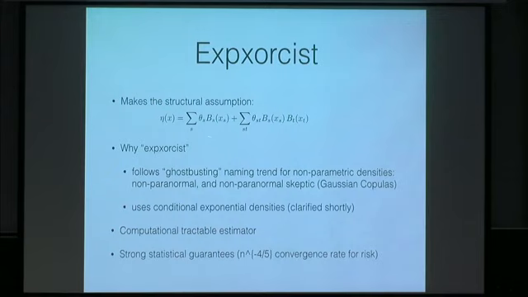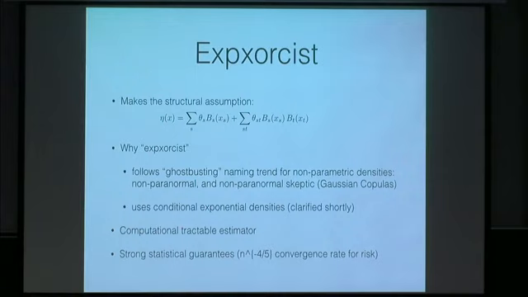So why Expxorcist? It's an homage to the anti-paranormal non-parametric methods like non-paranormal skeptic. So we thought, what's the next thing that can come up? Expxorcist. But we are calling it the Expxorcist because it also involves exponential family densities, which I'll talk about shortly. So that's our class of non-parametric densities as well as estimators.